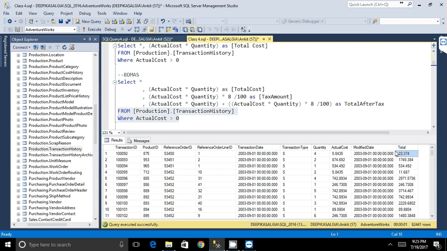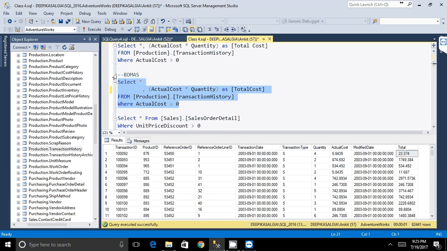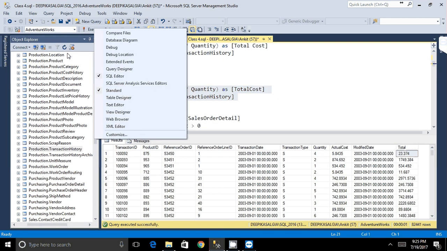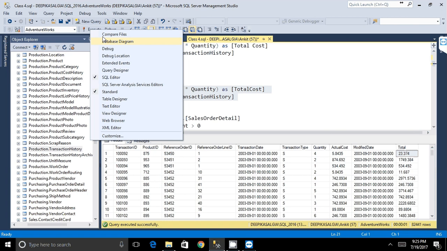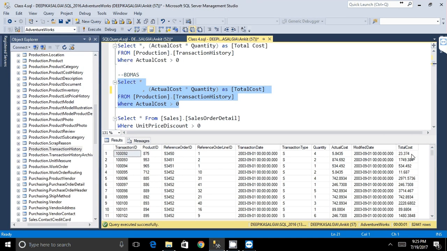Let's take this out. If you have to get one more column in here where you need the tax amount, and tax is 8% of this total cost, what would you do? You just need to write a mathematical expression which can get you 8% of this total cost.